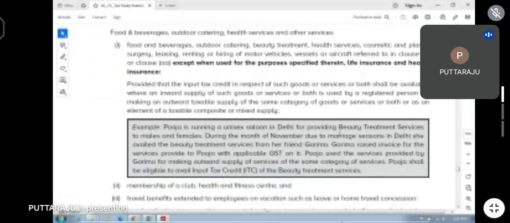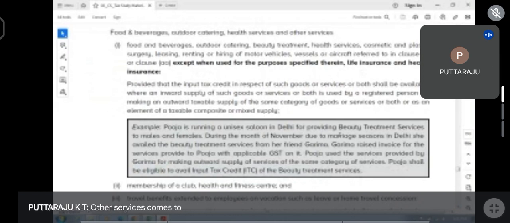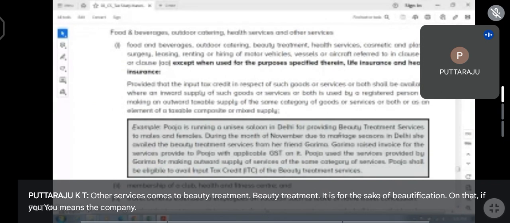Other services come to beauty treatment. Beauty treatment, if it is for the sake of beautification, on that if the company pays the bill which includes the tax, I mean GST, that GST is blocked.